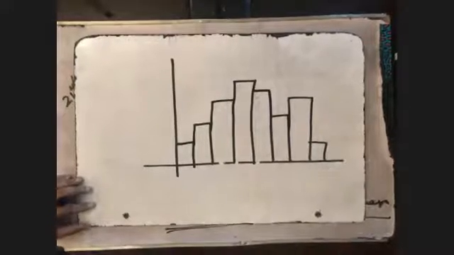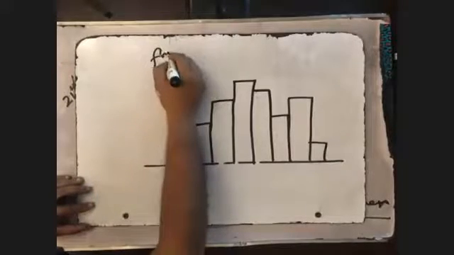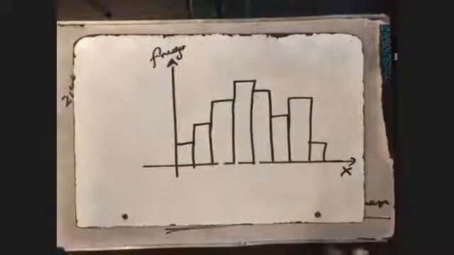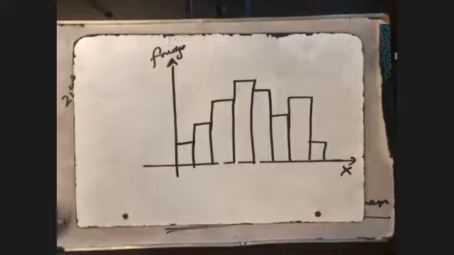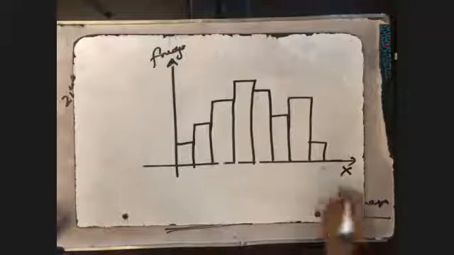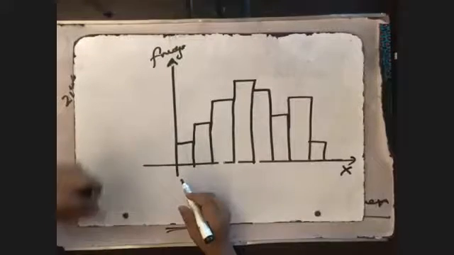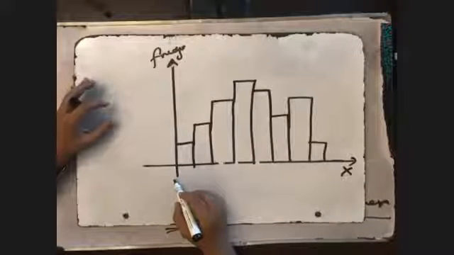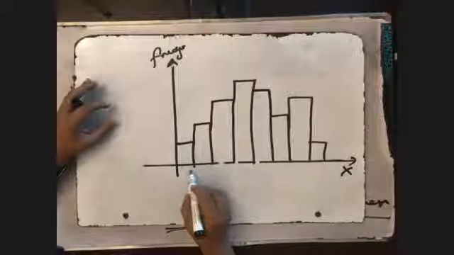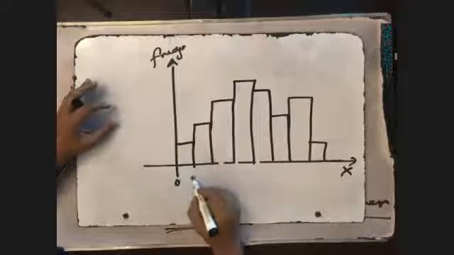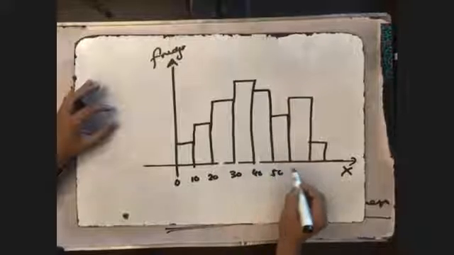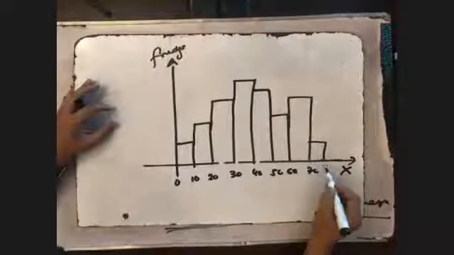Okay. So again, on the y-axis we have frequency, and on the x-axis we have anything, it could be age. Let's take data about people's ages. I gathered data of people: 0, 10, 20, 30, 40, 50, 60, 70, 80.